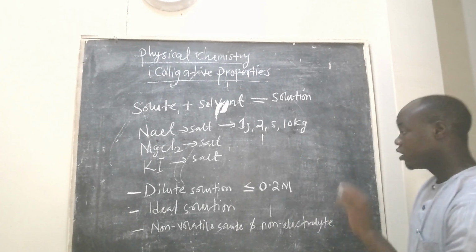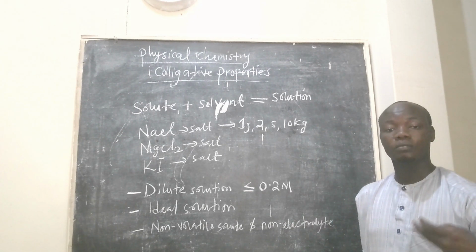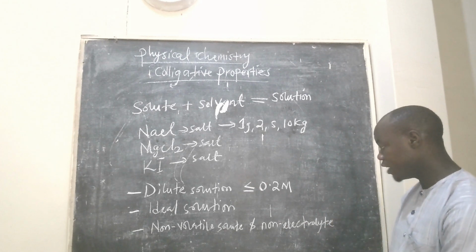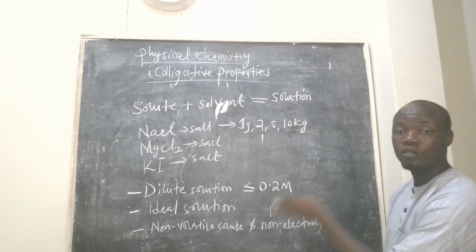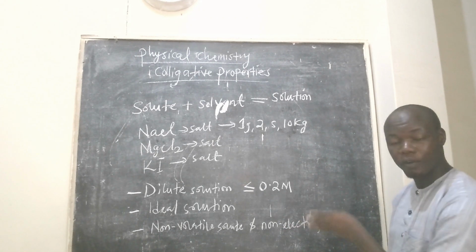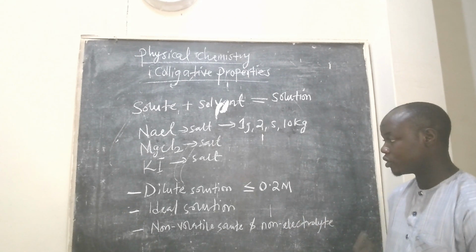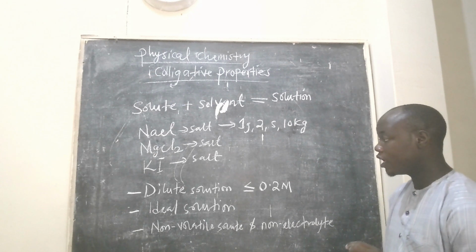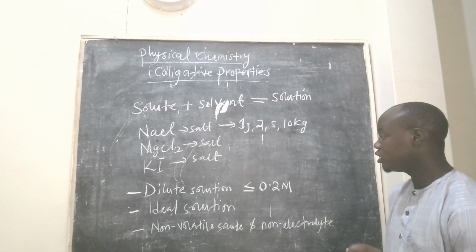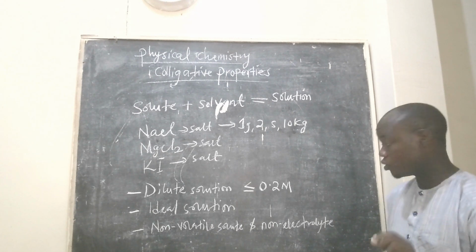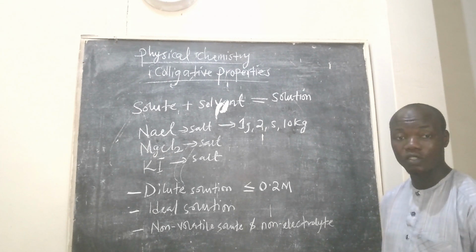So the solid should be non-volatile and non-electrolyte. These are the three conditions for the solution to operate under colligative properties. The solution must be ideal, the solution must be dilute, and the solid must be non-volatile and non-electrolyte.